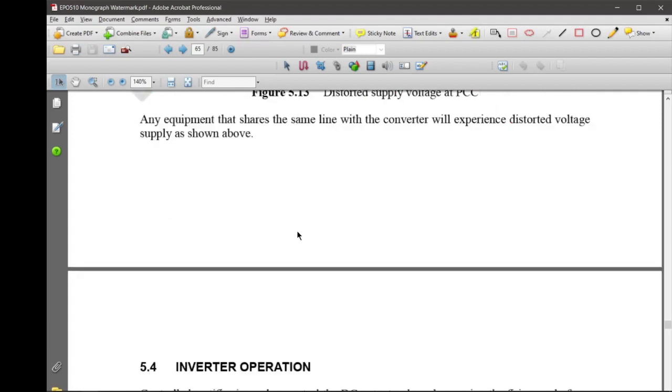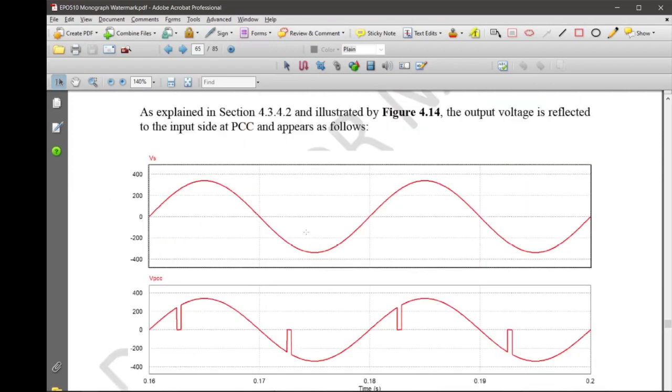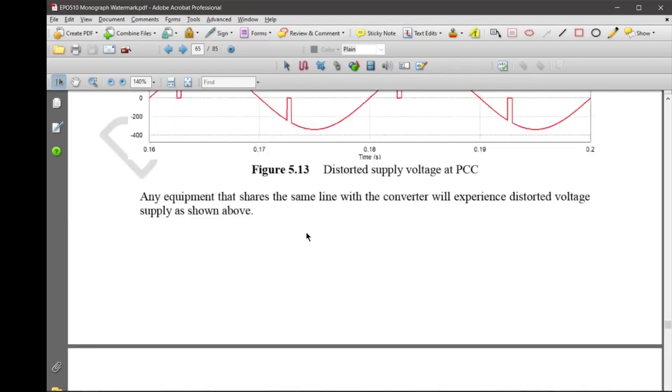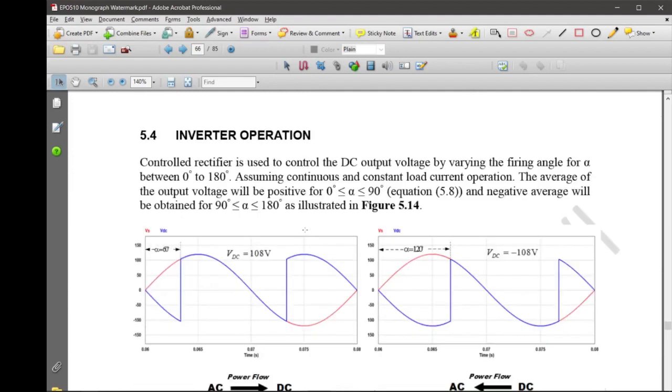That's all right. So that is what we call the effect of having source inductance in the front end. And next we look into the inverter operations.